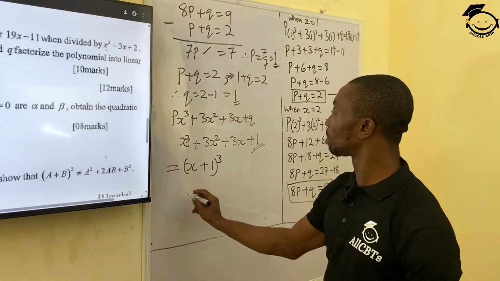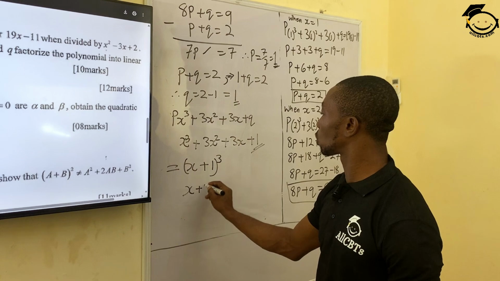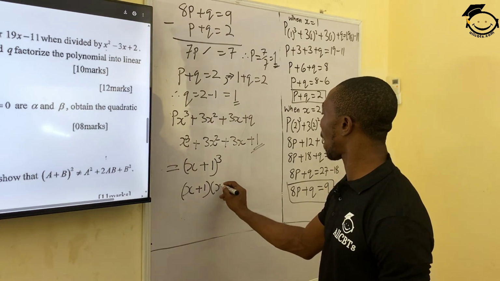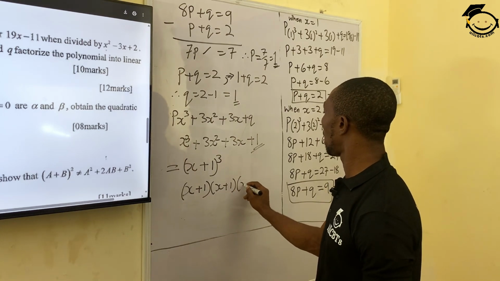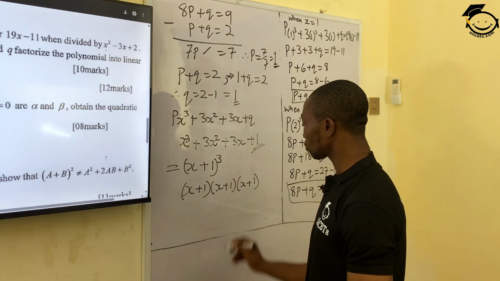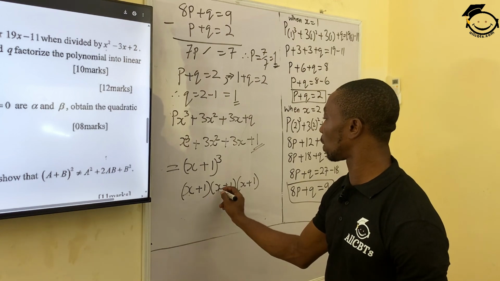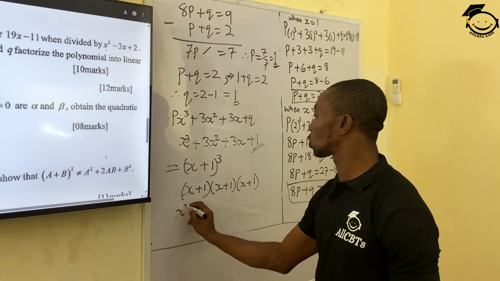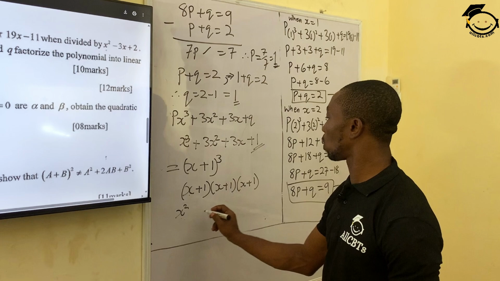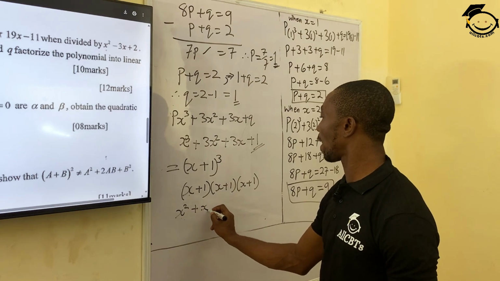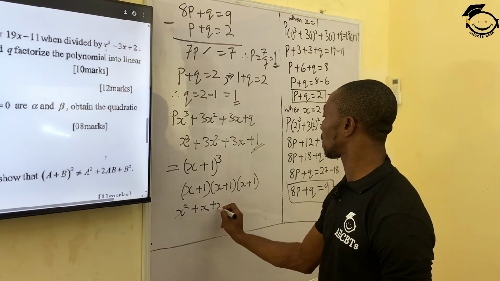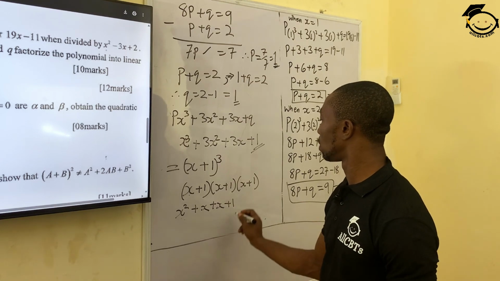Now, if we have x plus 1, x plus 1, x plus 1, let's do these two first. This will give us x times x, which gives x squared. X times 1 plus x, plus 1.